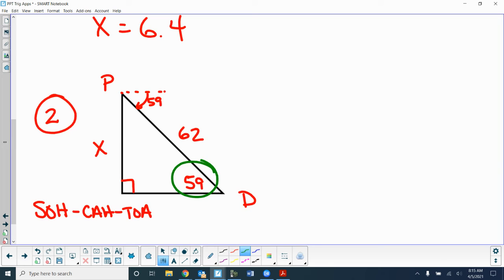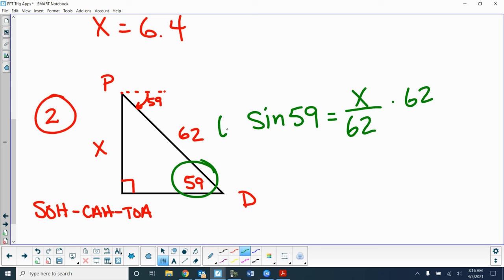So which one uses opposite and hypotenuse? Sine, right? So the way I would set this up is the sine of 59 equals X opposite over hypotenuse. So what do I got to do to solve for X? Right, going to multiply both sides by 62. Oops, not 6.2, but 62 times the sine of 59.